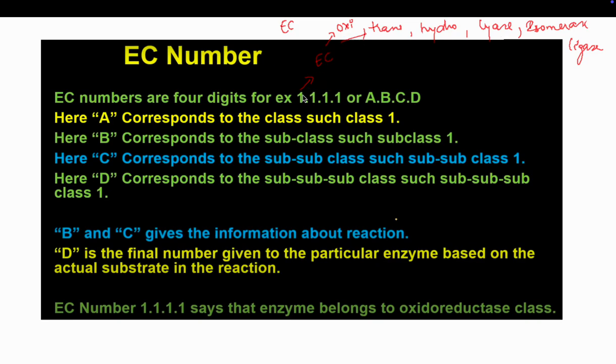If the first number is 1, it belongs to the class oxidoreductase. That means it will carry out oxidation, reduction, or both, that is, redox reactions.